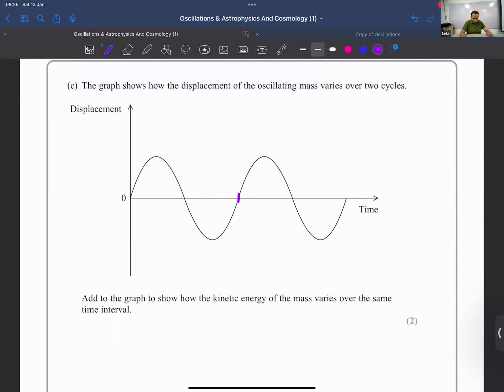So it will be a graph like this. When the displacement is maximum, kinetic energy is 0. When the displacement is 0, kinetic energy is maximum. Graph like this.